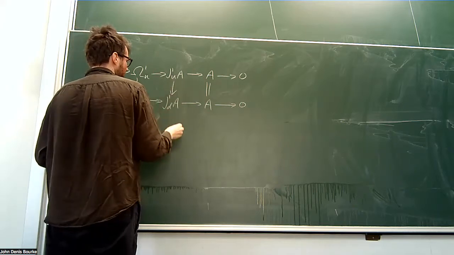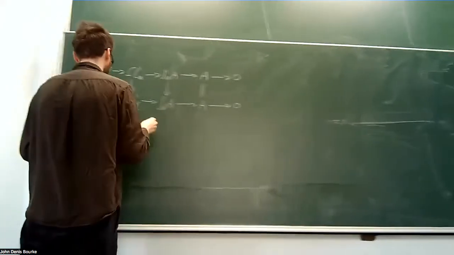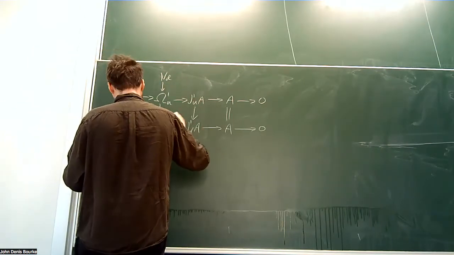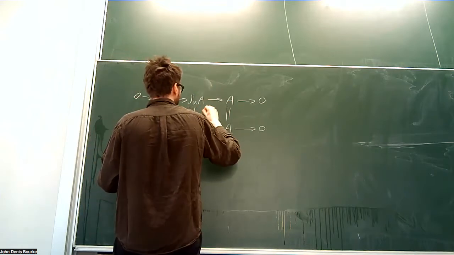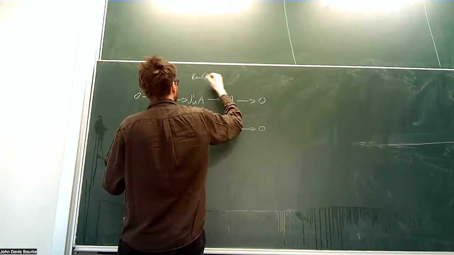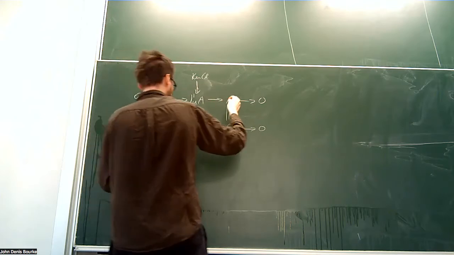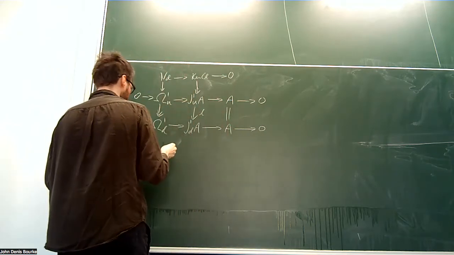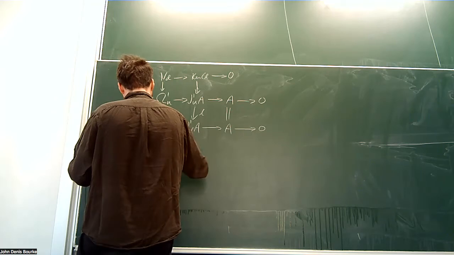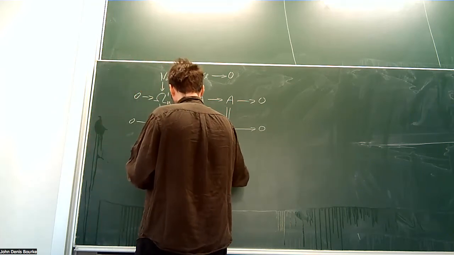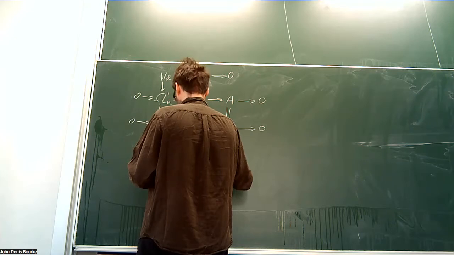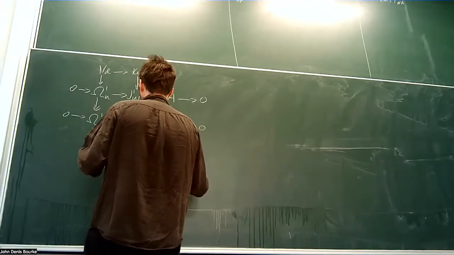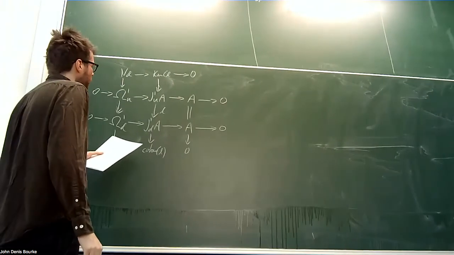Let's say we have projection over here. Now here we have n. Here we have some. We have this.